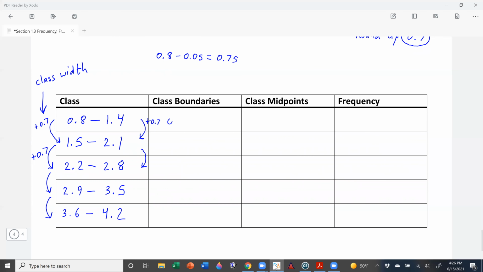So that's going to be the lower class boundary. And it's going to go up until we get to, and now we go 1.4, and we add this 0.05 number to the upper class limit. So 1.4 plus 0.05 is 1.45.